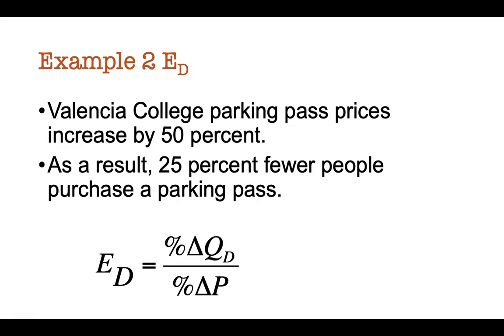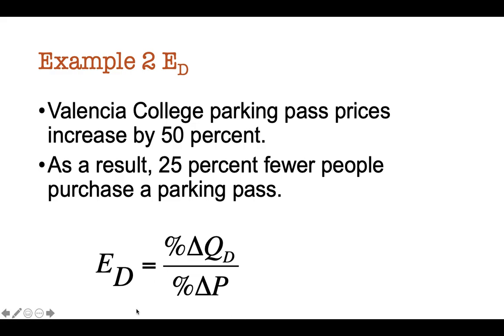All right, so here's that parking example that I was talking about. We are going to do another example here. So let's suppose Valencia College increased parking pass prices by 50%. And as a result, people are going to buy fewer parking passes. Specifically, they sell 25% fewer parking passes.